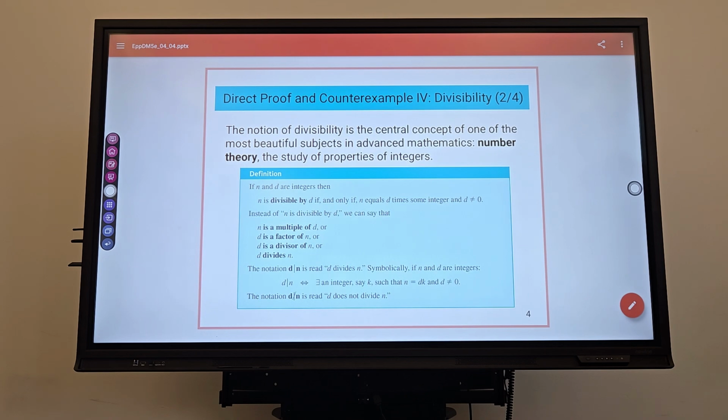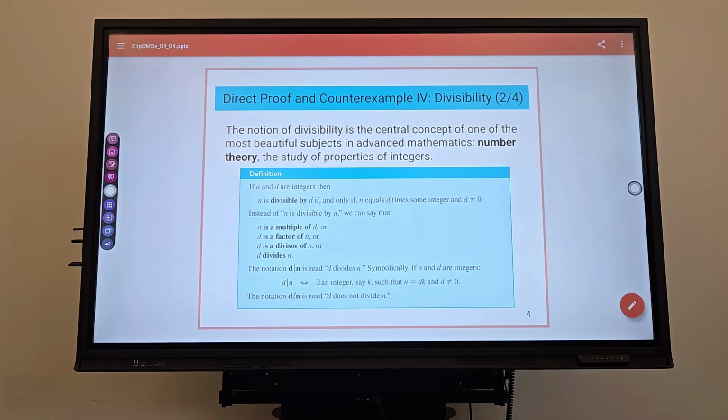The notion of divisibility is the central concept of one of the most beautiful subjects in advanced mathematics, and if you can call it beautiful, number theory, the study of properties of integers.